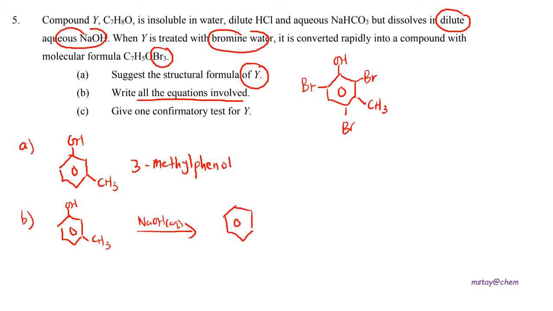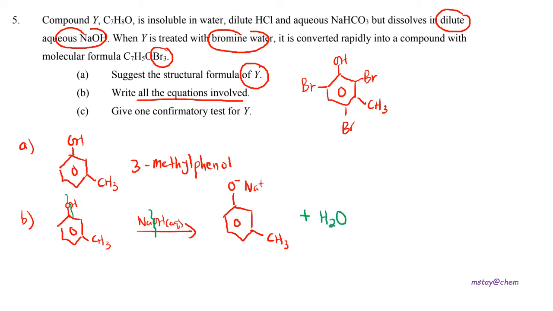The bond will break between O and H, so it becomes O negative Na plus. The methyl group will not react with the NaOH, so it maintains CH3. Because the bond breaks between O and H, and this one is Na plus and OH negative, the side product is H2O.